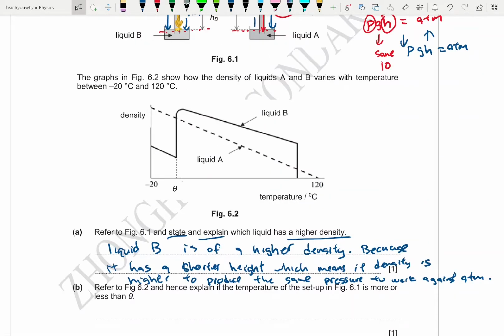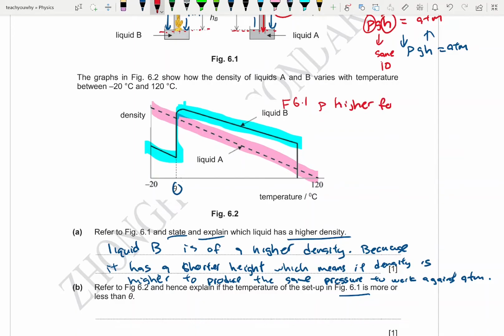So we need to look at the part of the datum. Here we have liquid A and liquid B. Based on setup 6.1, we already established that the density rho is higher for liquid B.